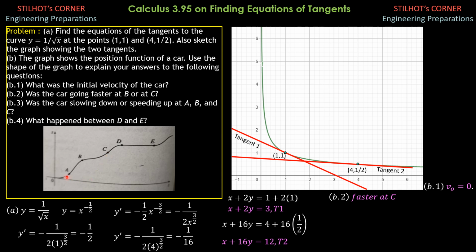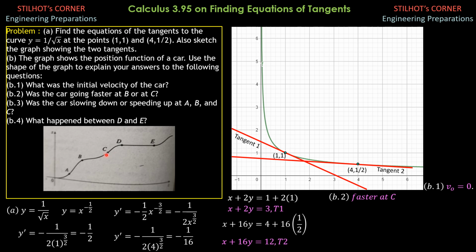So our answer: at A, it is speeding up because the slope is increasing. At B, it is slowing down because the slope is decreasing. At C, it's neither slowing down nor speeding up because the slope is constant at C. Just before and just after C, the slope of the tangent is the same.